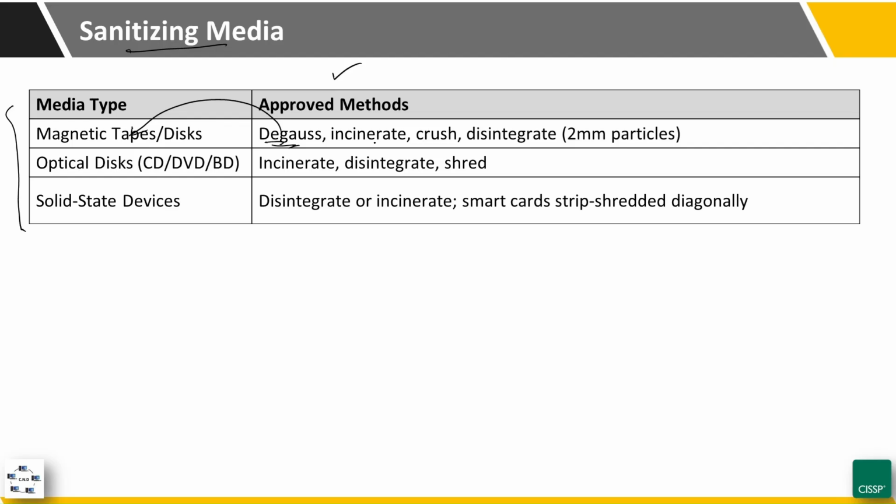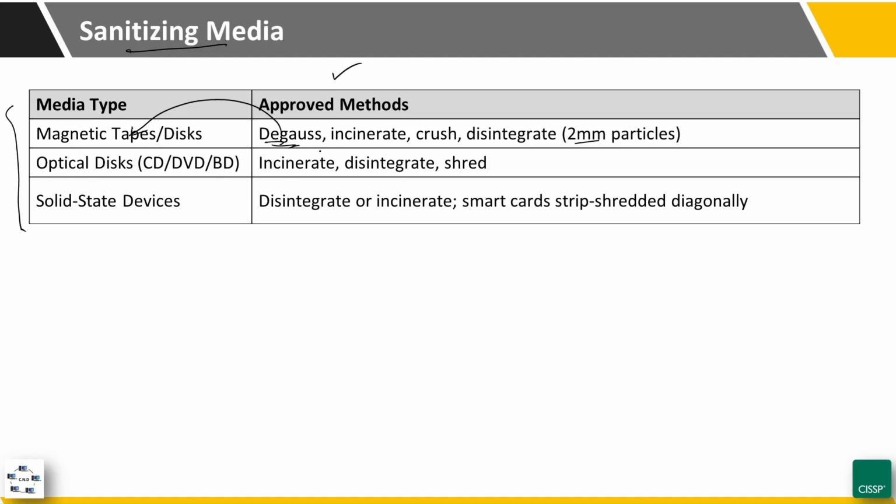Next is incinerating, or you can also say burning the disk, crushing the physical disk or magnetic tape, and disintegrating them to small particles of 2 millimeters. The next media type is the optical discs, including CDs, DVDs, and Blu-ray discs.